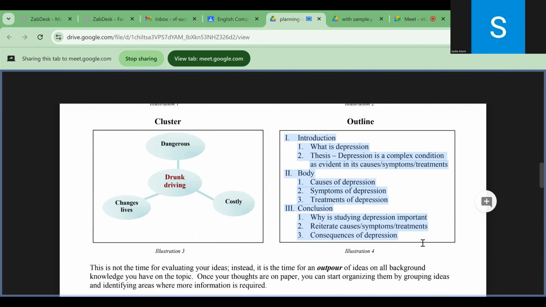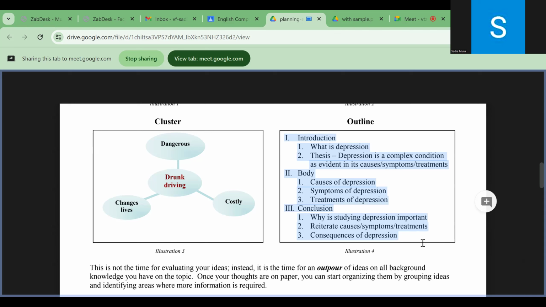Now look at this. Our topic is depression, and we can have three basic parts of our essay: the introduction, the body paragraphs, and the conclusion. In the introduction, we can simply have our thesis statement where we define and claim how and in what ways we are going to write about depression.